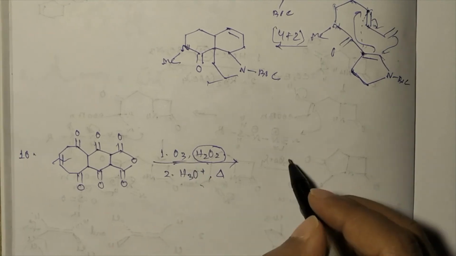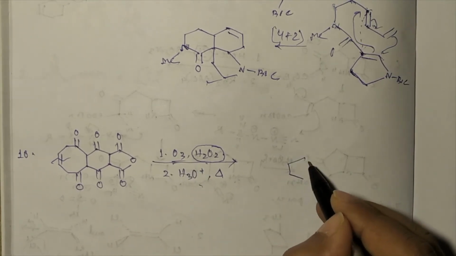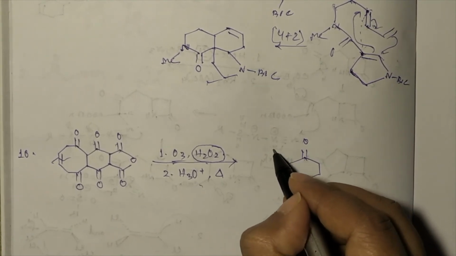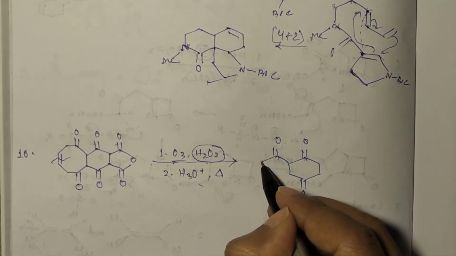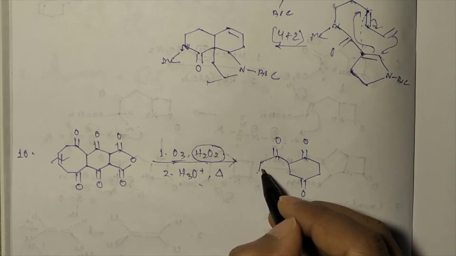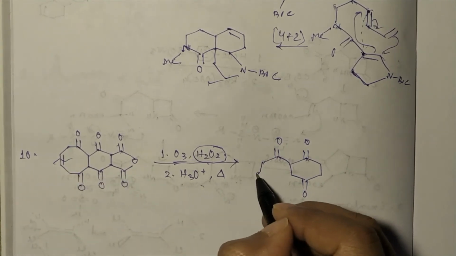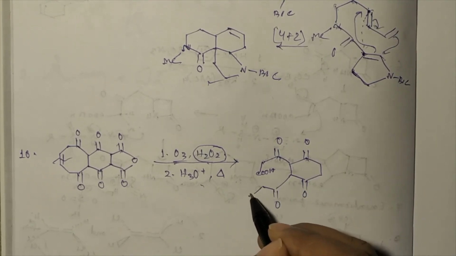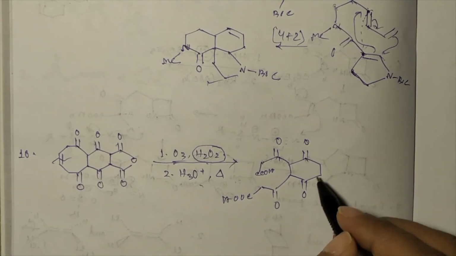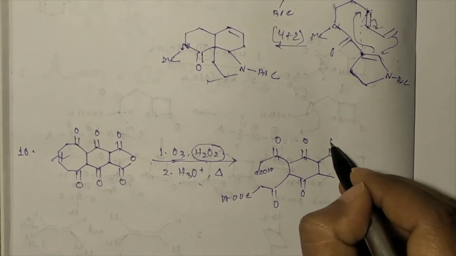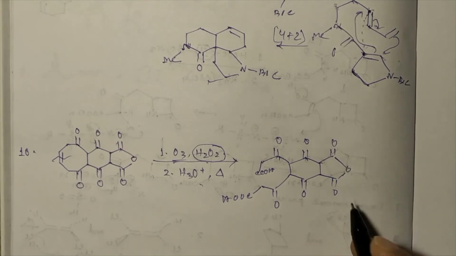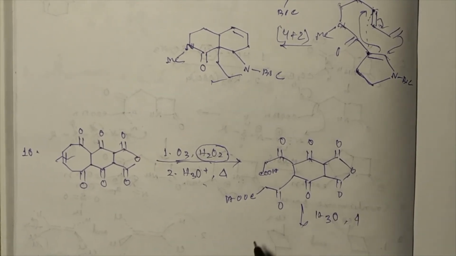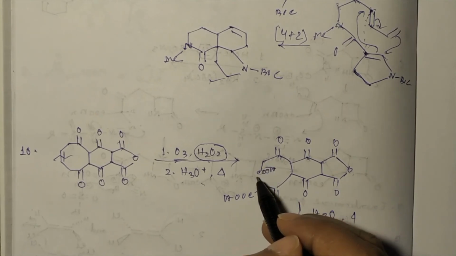So after ozonolysis the product will be CH2, this will be CH2 COOH, here C double bond O, CH2 COOH, and then it will be as usual. Then if it is H3O hydrolyzed and heated, then decarboxylation will take place.